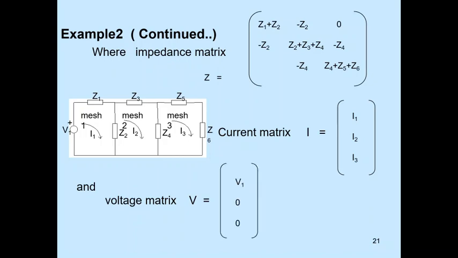After writing the equations and putting them into matrix form, by applying Cramer's rule we can find the currents I1, I2, I3, and from that we can find the current in each element also.